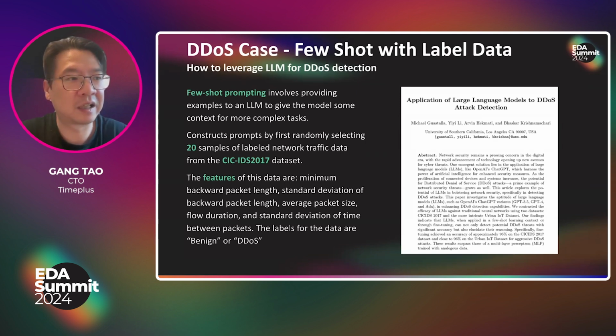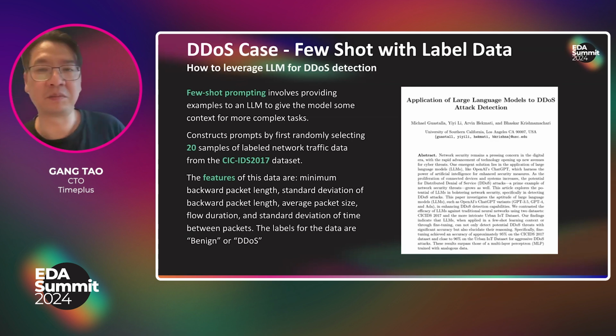You can use a statistical model, like mean value or z-score. You can also use some machine learning models like SVM or KNN to do this kind of classification. Or there are time series models or deep learning models, right? These are all traditional machine learning models.